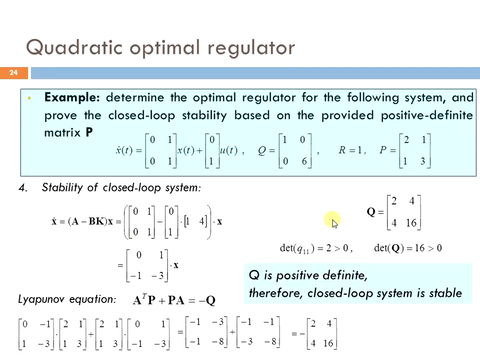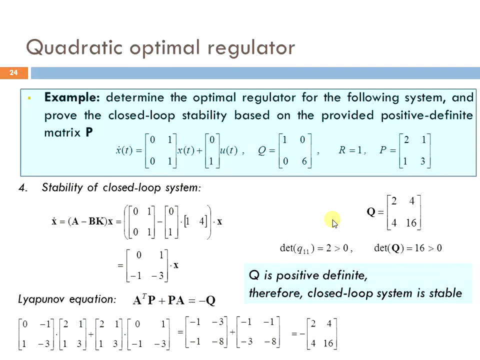In this lecture, we have also looked at the design of an observer, which may become necessary if not all state variables are measurable, and we desire to implement a state feedback controller.